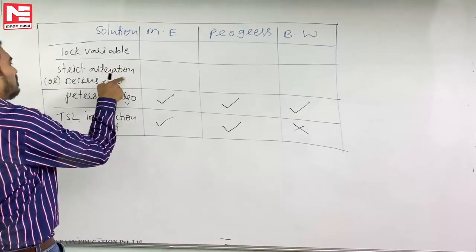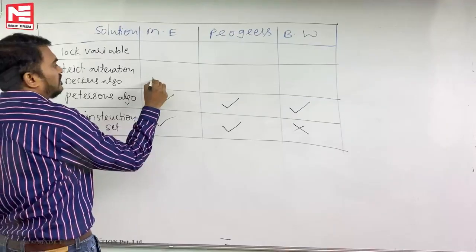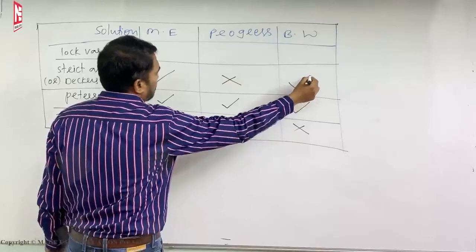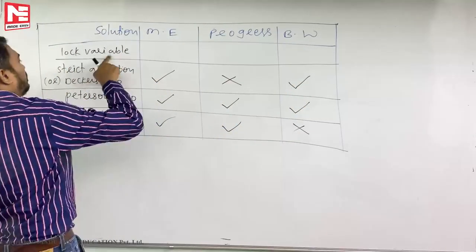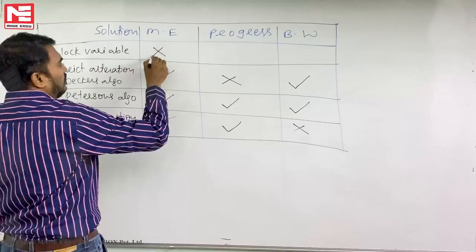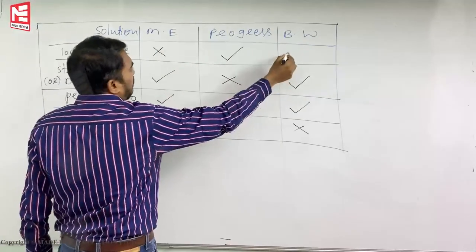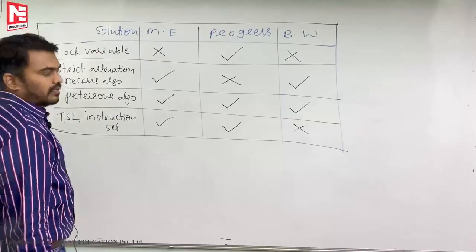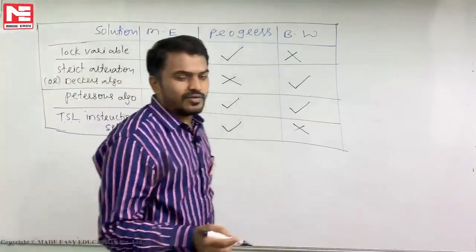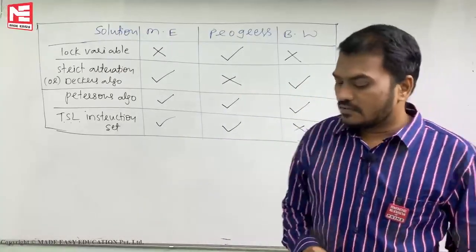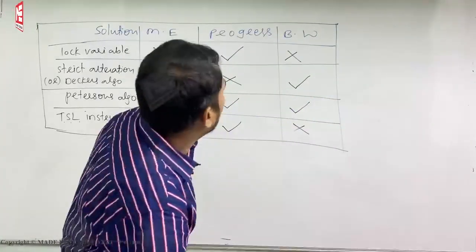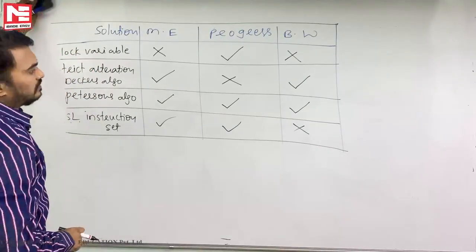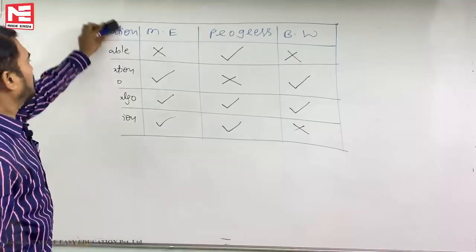And strict alteration में mutual exclusion satisfied, yes. Progress, no. Bounded waiting, yes. Lock variables, mutual exclusion satisfied, no. Progress, yes. Bounded waiting, no. You can check after this video. Okay, that is the all the algorithms table.